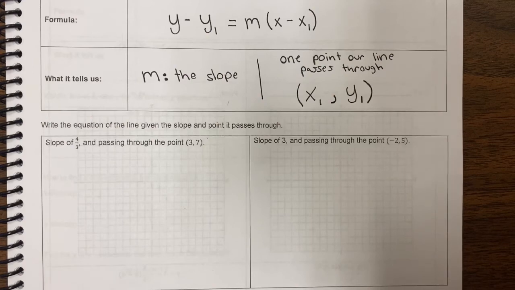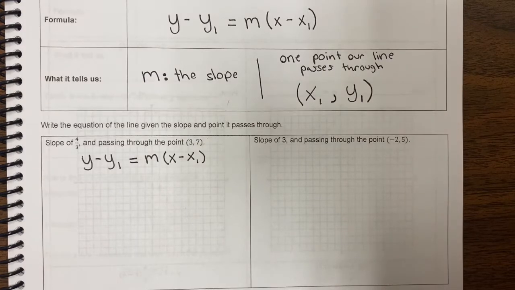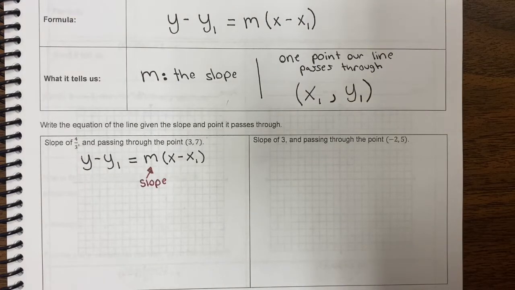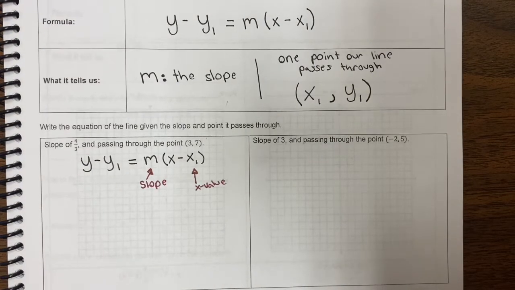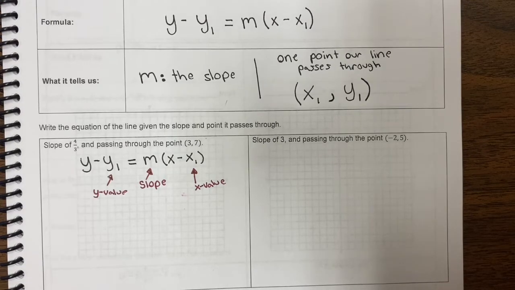Let's practice writing an equation given the slope and the point that our line passes through. I'm going to start off by writing the formula. We know m is the slope, and x1 is our x value, and y1 is the y value in our coordinate. So here I have slope, and I have the point x, comma, y.